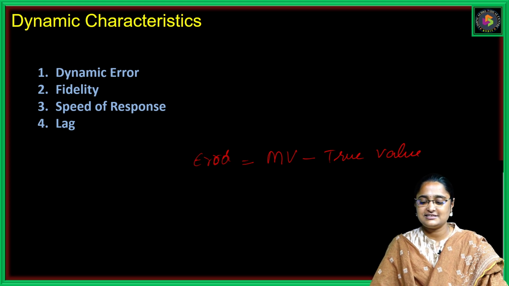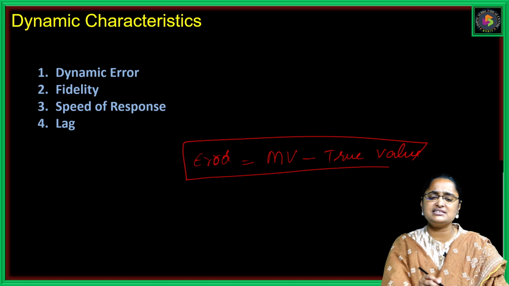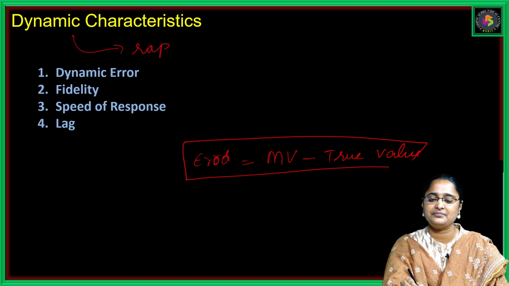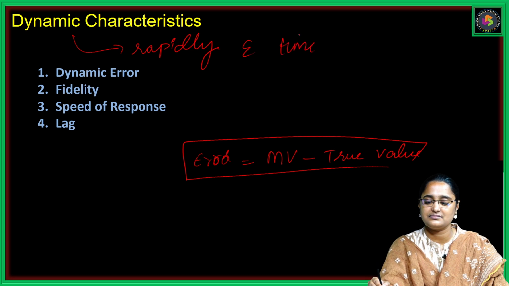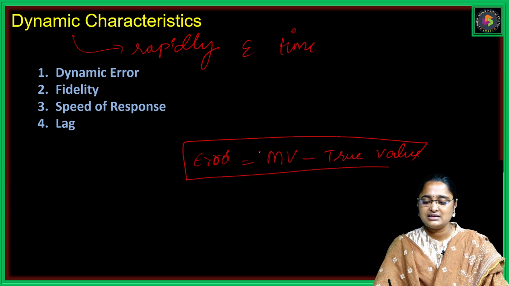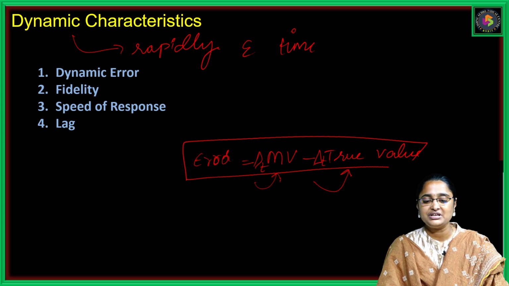Dynamic characteristics, as the name says, change rapidly with time. So dynamic error is the change with respect to time. Whatever change we have in the measured value because of time, and whatever change we have in the true value because of time, is considered your dynamic error.